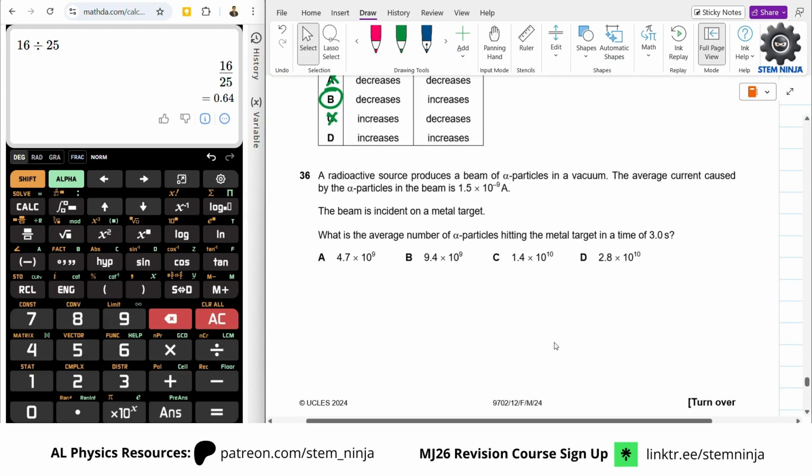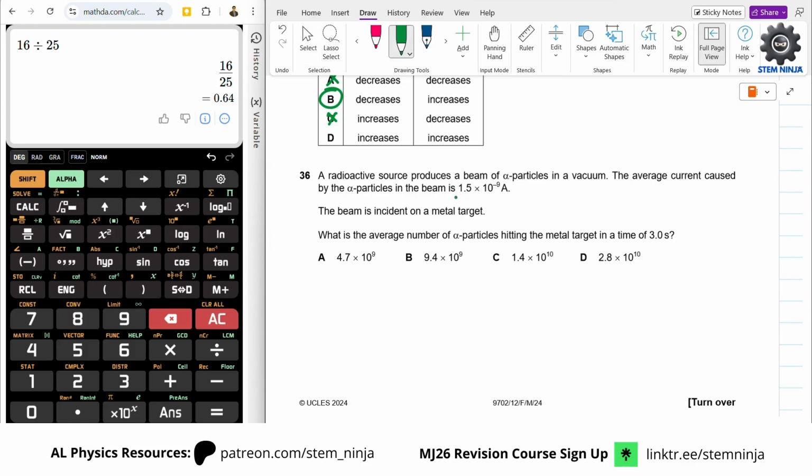A radioactive source produces a beam of alpha particles in a vacuum. The average current caused by the alpha particles in the beam is given. The beam is incident on a metal target. What is the average number of alpha particles hitting the metal target in a time of 3 seconds?